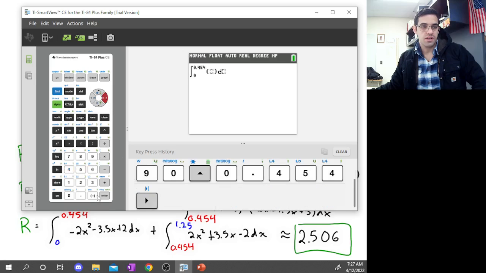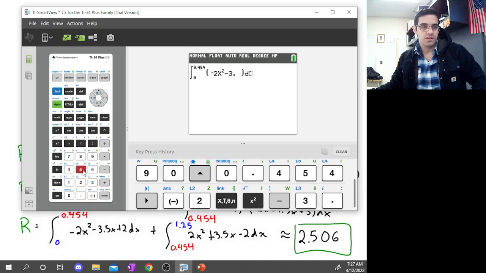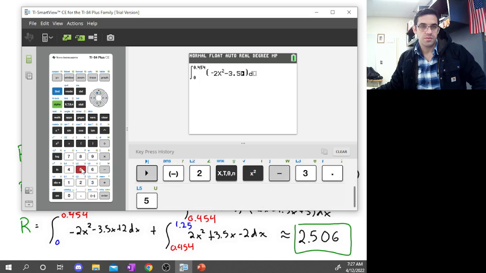Our function is negative 2x squared. And when you're doing this, the calculator does know the difference between negative and subtraction. Our negative button's down here, our subtraction button's up here. If you do not use those appropriately, you're going to confuse your calculator and it's going to give you a wrong answer. So just don't forget that.